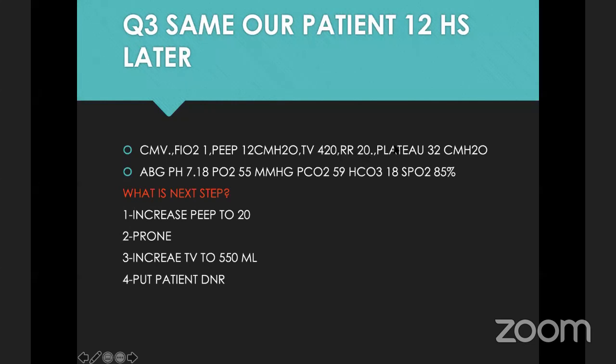Respiratory rate is 20, plateau pressure is high, 32, and ABG is 7.18 because he is a CO2 retainer. And the saturation is still desaturating. So what is next? How can we improve his oxygenation and improve the CO2? You can write in the chat room, please.